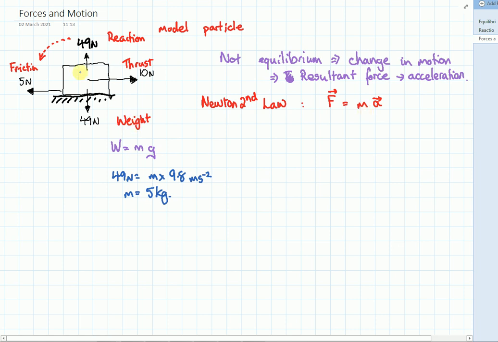So I'm going to turn this into a vector diagram. It's not a bad one, because you'll notice very quickly that in the j direction, everything balances, because we've got no acceleration in that direction. So we can say the resulting force is equal to our weight component plus the reaction plus the thrust plus the friction, and these are vectors.